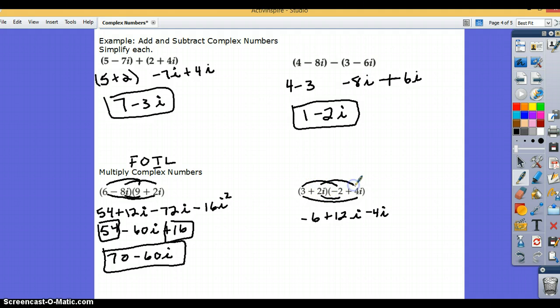And out here is positive 8i squared. Okay, so that's negative 6. 12 minus 4 is 8i. And then 8 times, remember i squared is negative 1, so that becomes minus 8. So then negative 6 minus 8 is negative 14 plus 8i.